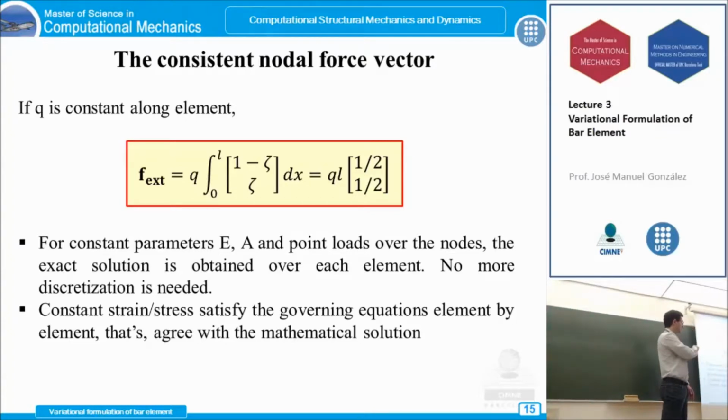So we have a nodal force vector for a constant value of q, which is q times L divided by 2, assuming this constant value of q, the axial load, and the axial rigidity. So this will be the solution for the external work translated into a nodal force vector.